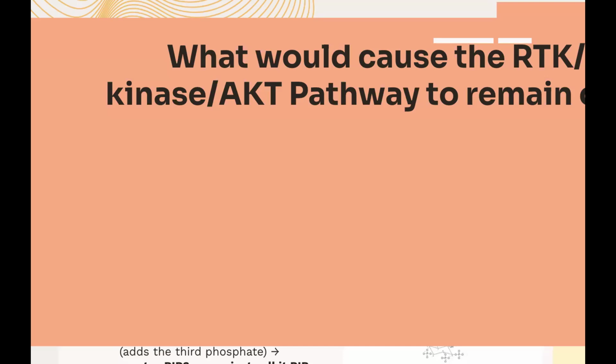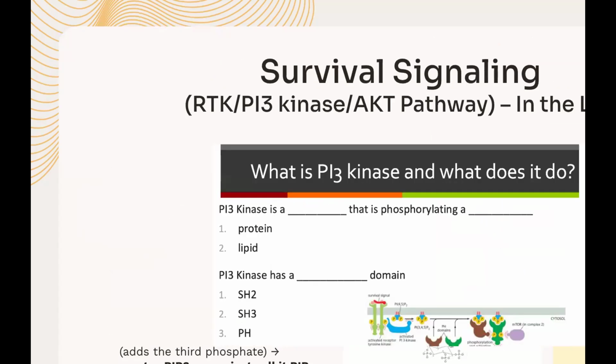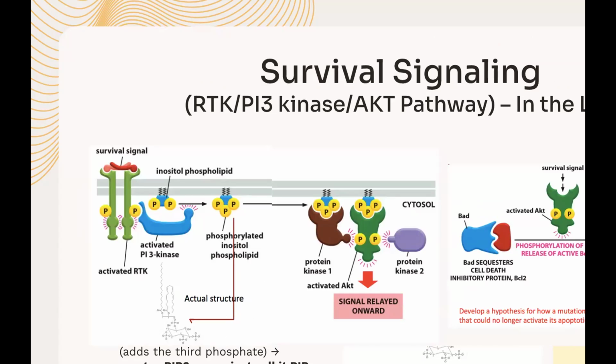Question. What would cause the RTK PI3 kinase AKT pathway to remain on or off? Here, I'll bring it up. What are some things that could make it either stay always on or always off? So a gain of function in this would do what?